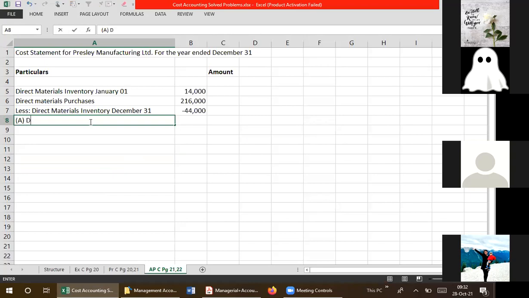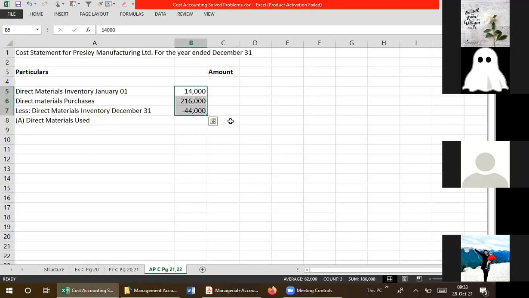So we have point A, direct materials used. Direct materials used is addition of these three, 186,000.